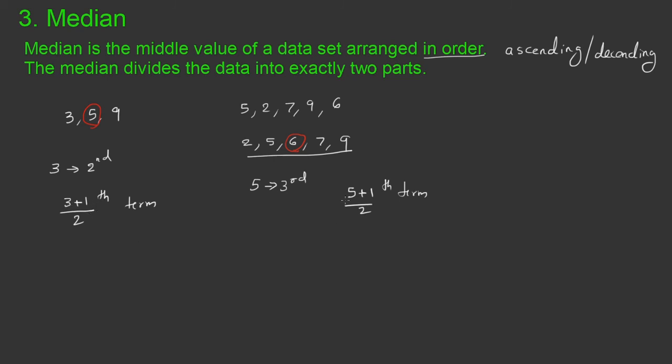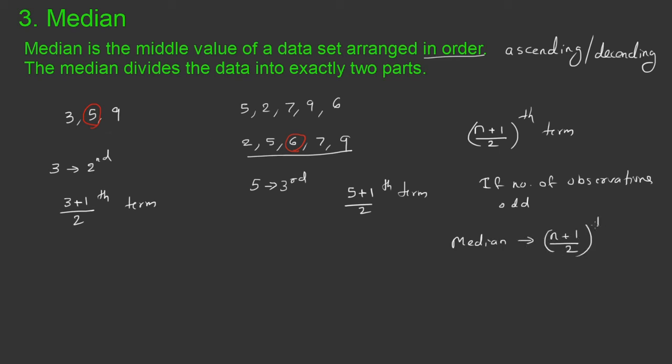What are 3 and 5 here? They are the number of data. So in general I can write it as the (n plus 1) by 2th term. So I can conclude here that if the number of observations is odd, then median is the (n plus 1) by 2th term.